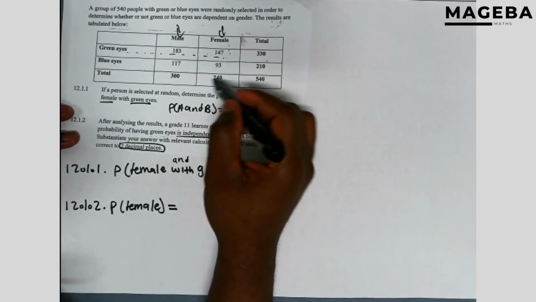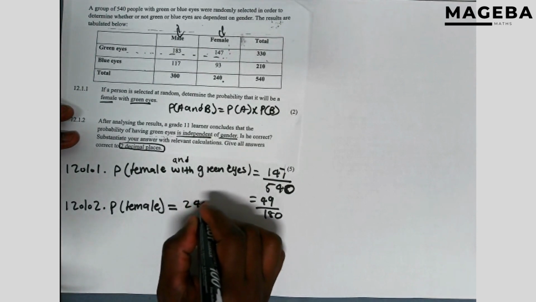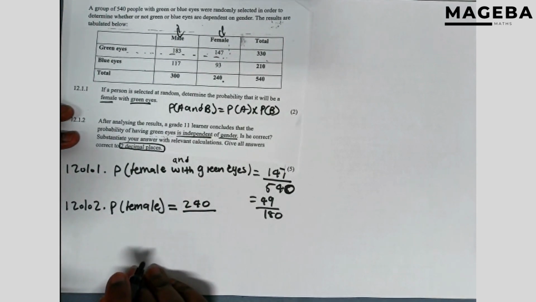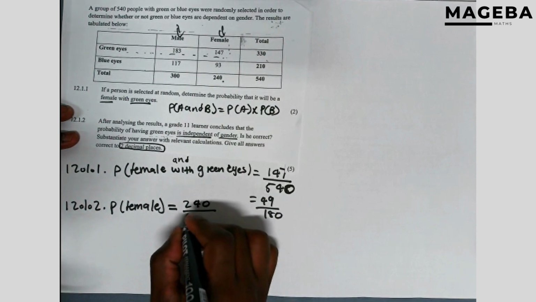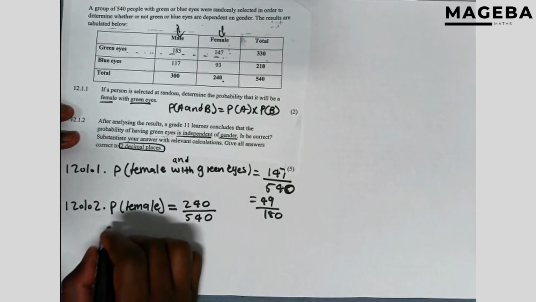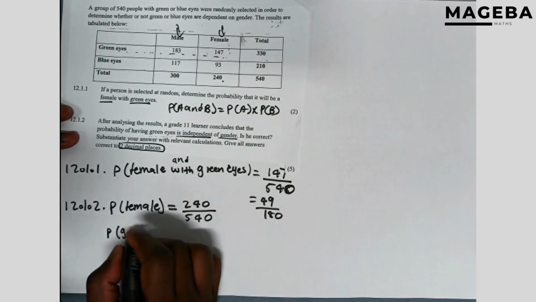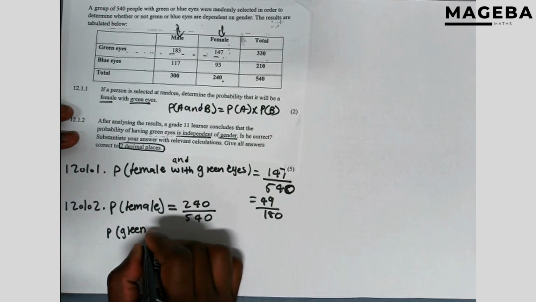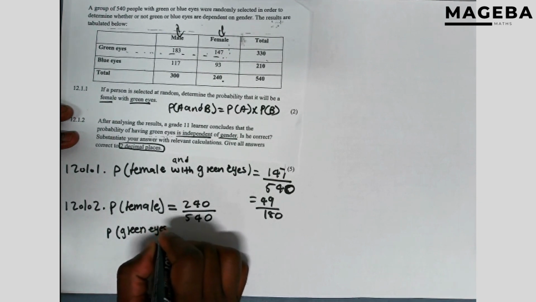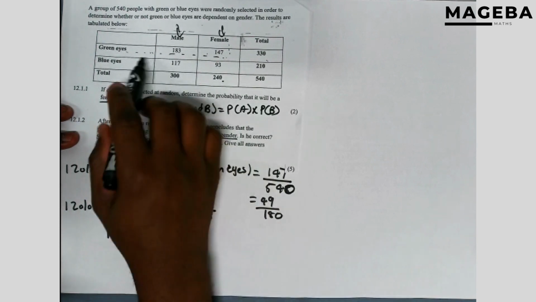I hope you see the total of being a female here is just 240, then we divide it by its total, which is 540. And then now looking for the probability of just green eyes.